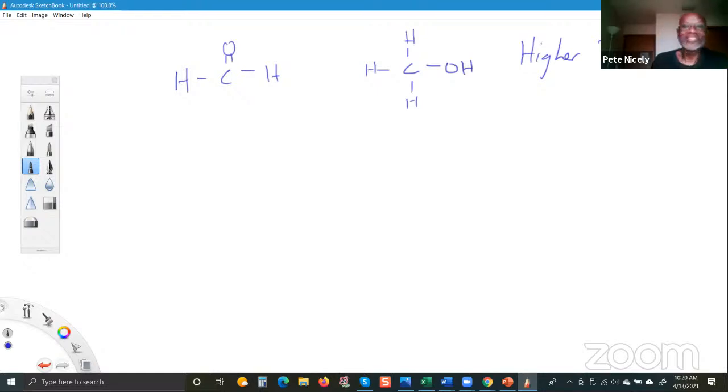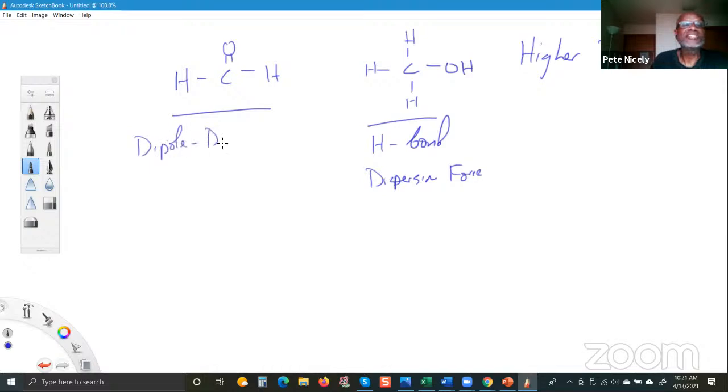Okay, so the main type of force here in this molecule would be the hydrogen bond, but it will also have dispersion forces as well, all right? The main type of intermolecular force in this molecule would be dipole-dipole interactions, and also dispersion forces, right?